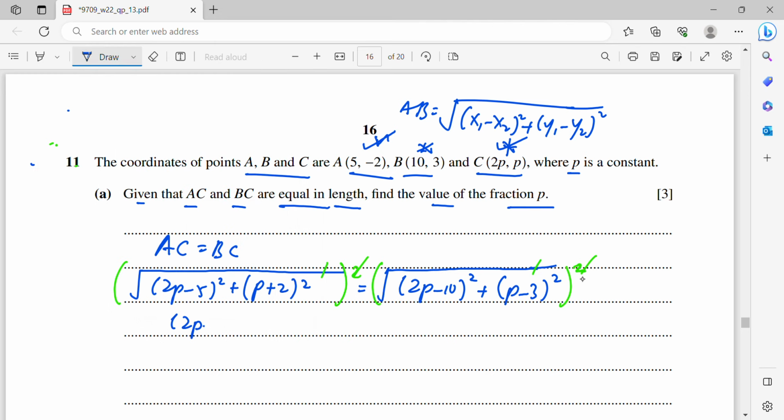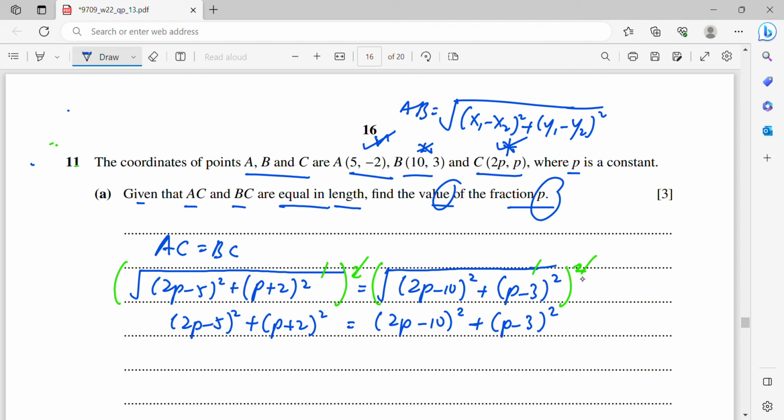So I will have 2p minus 5 squared plus p plus 2 squared equals 2p minus 10 squared plus p minus 3 squared. Now to get the p value, find the value means only one answer. We need to do the expansion, so again, use the quadratic expansion.